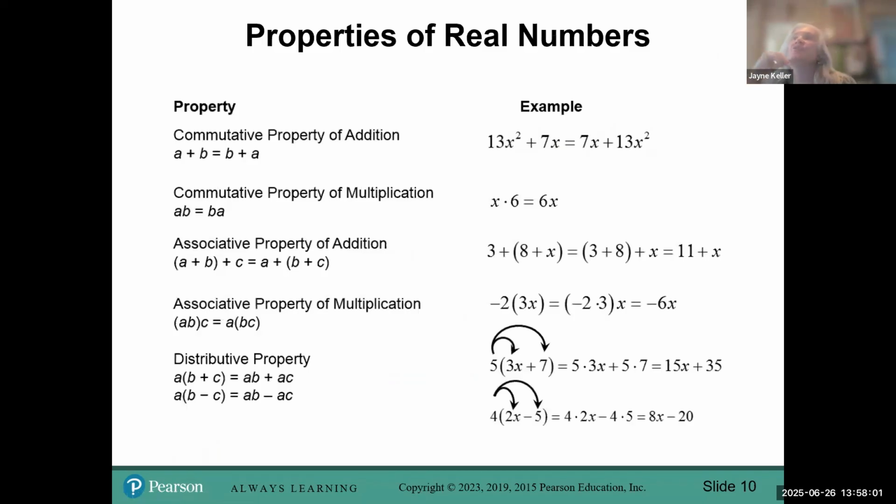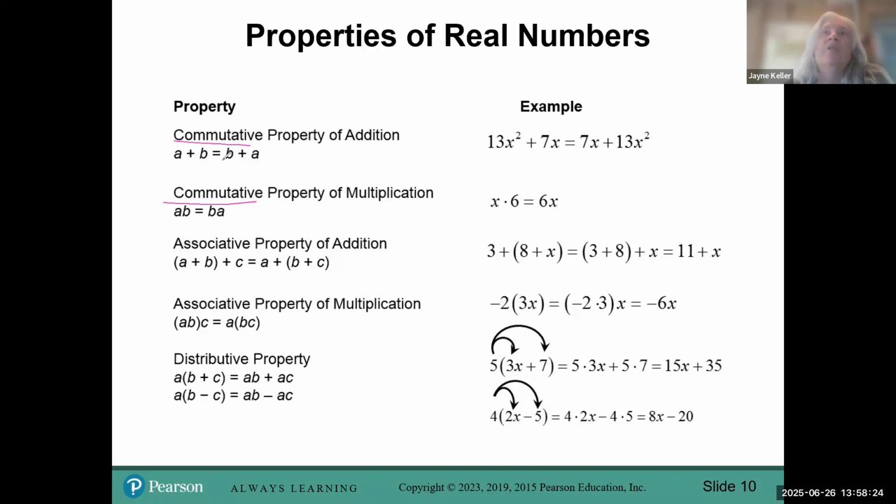Another thing to pay attention to when you are simplifying expressions or solving equations is some properties of real numbers. And you maybe remember these from another math class that you've had. This first one tells us that we can both add and multiply in whatever order that I like. We call it the commutative property, and it works for both addition and multiplication.